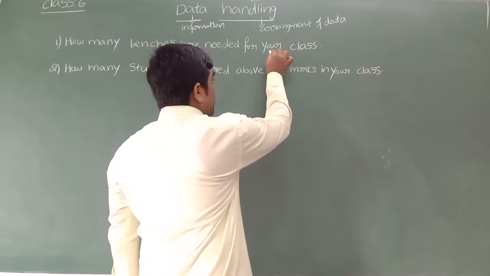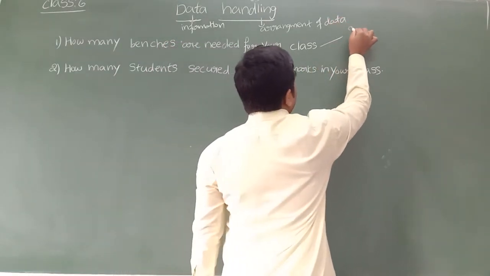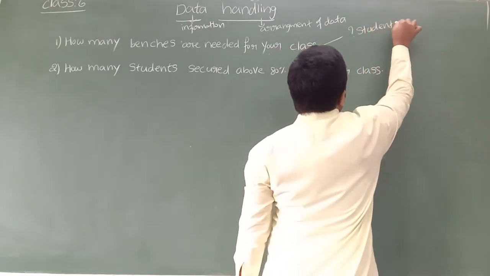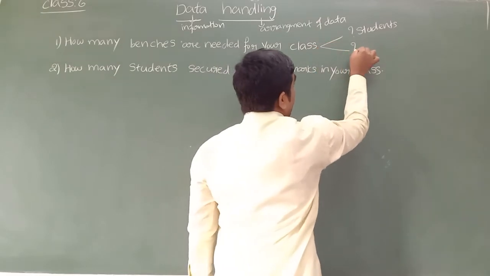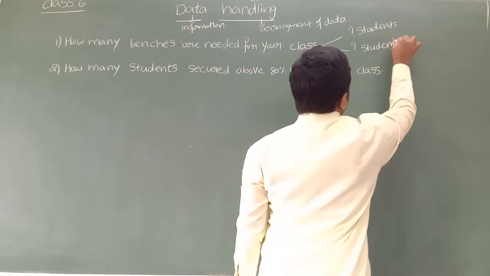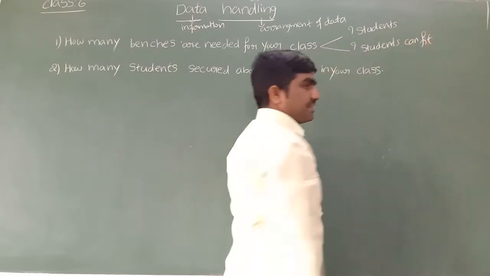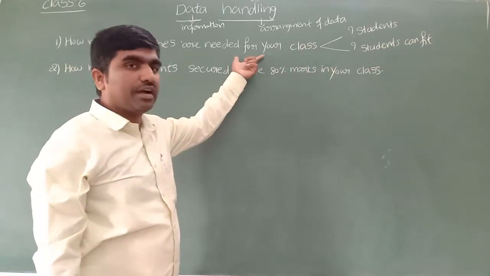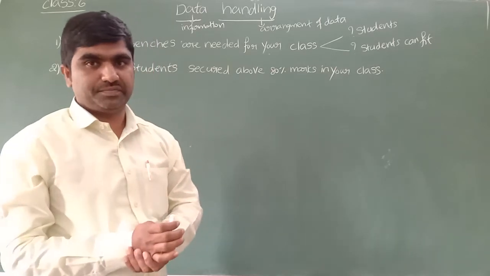To take the decision, we need to collect first how many students are there in that particular class, and also how many students can fit in each bench. If I collect that information, we can take the decision: for 6th B, so and so many benches are required.